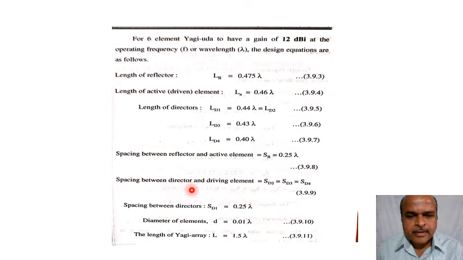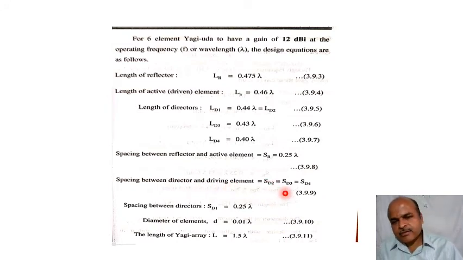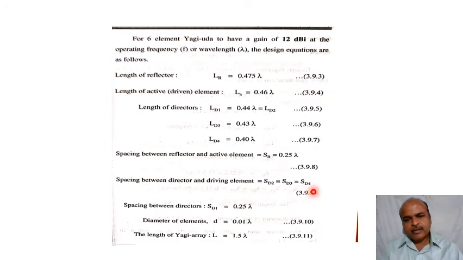The spacing between directors and driven elements, SD1 equal to SD3 equal to SD4. Spacing between directors, SD1, is 0.25 lambda. Diameter of elements is 0.01 lambda. Length of Yagi array is 1.5 lambda. Keep in mind these equations. If you have the value of lambda, you can easily calculate all these values.